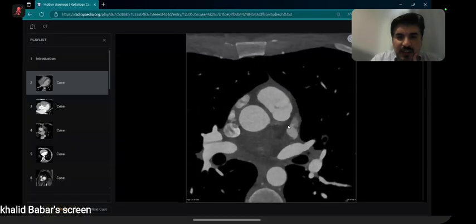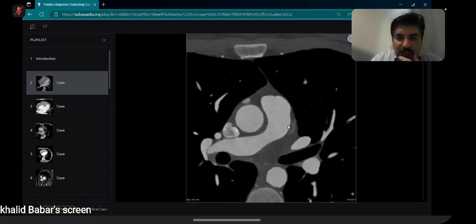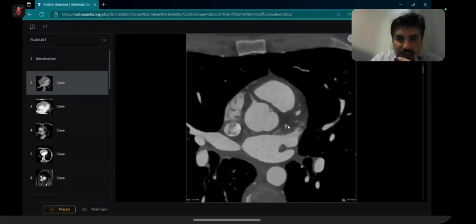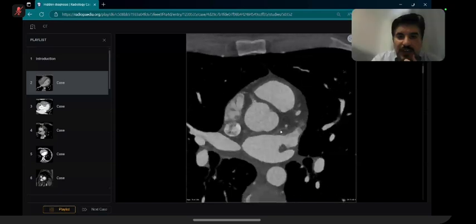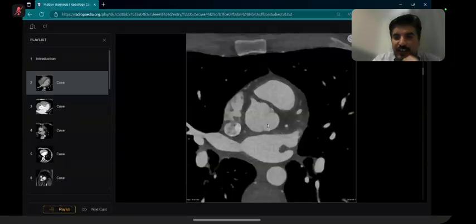So I am going towards the level of the aortic root. Yes, sir, this is the level of the aortic root. Okay. Candidate one, can you mute yourself, please? Thank you.